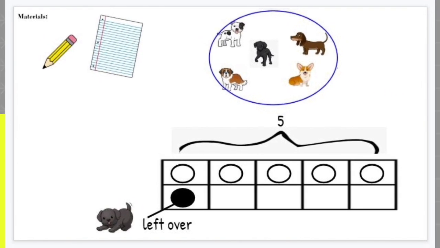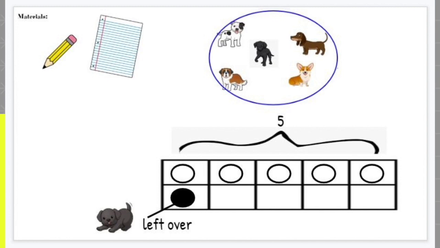So inside your 10 frame, we're going to do a quick picture. We're going to fill in our 10 frame with how many puppies we have, okay? The first row, I want you to fill in with your 5 circles to show the 5 puppies that we found in our group of 5. And notice I just did plain circles. I just drew circles in a row to show my group of 5.